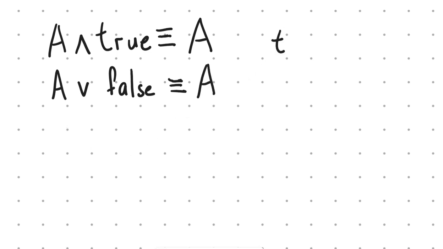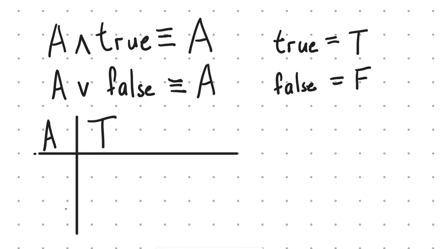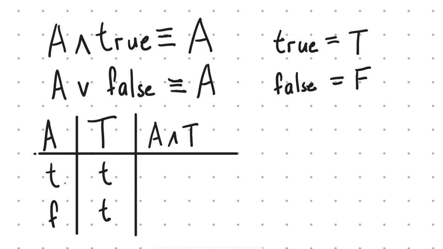So let's say true is a statement, and let's call it T, and let's call false a statement, which we call big F. So if we have A and the true statement, which is true for everything, then we can prove that it's A afterwards. So A can either be true or false, and true can only be true. Then if we take A and true, we see that both of them have to be true such that the statement is true. So this is always false since one of them is false already.